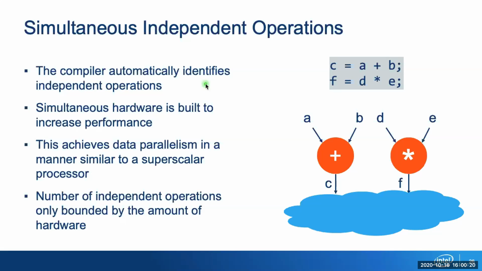So we have simultaneous hardware to increase the performance. This is massively parallel because we can instantiate independent operations and do them at the same time. And the limit is the amount of hardware we have, and nowadays we have a lot of hardware available.